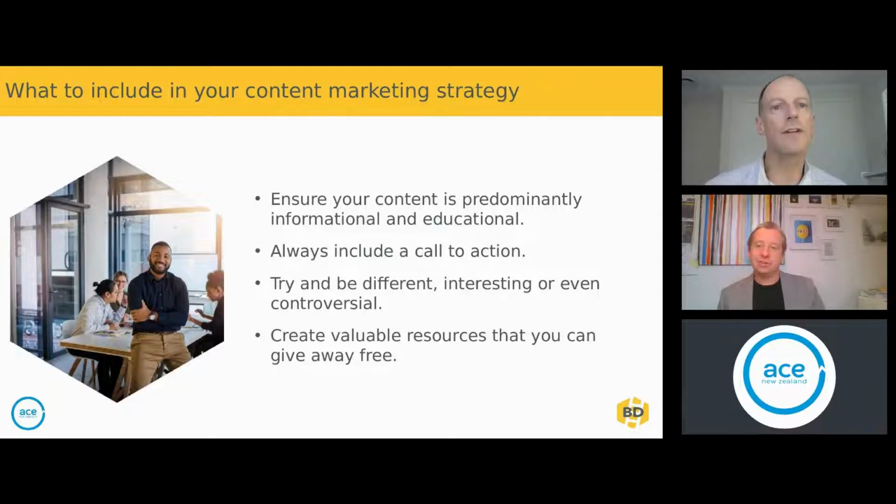So what to include in your content marketing strategy? Here we're really talking information and education. If you want to utilize your strategy effectively, the content you produce should be predominantly from an informational or educational angle. You want to ensure it doesn't come across as a sales pitch.